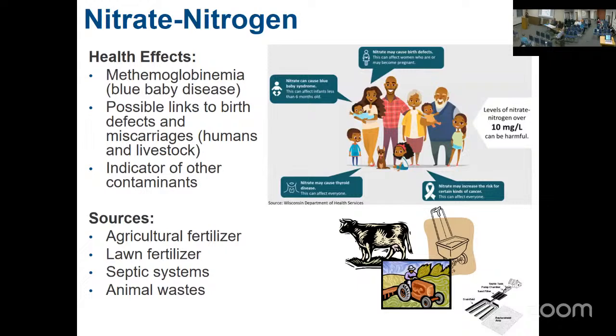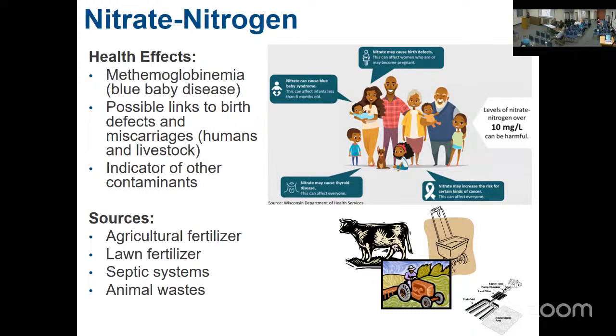Health effects related to nitrate: methemoglobinemia. The common name is blue baby disease. That's a potentially fatal condition in infants less than 6 months of age. There's also links to birth defects and miscarriages, not only in humans, but also in livestock. And then it's also a great indicator of other contaminants.